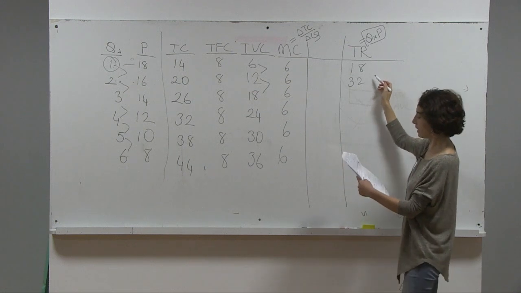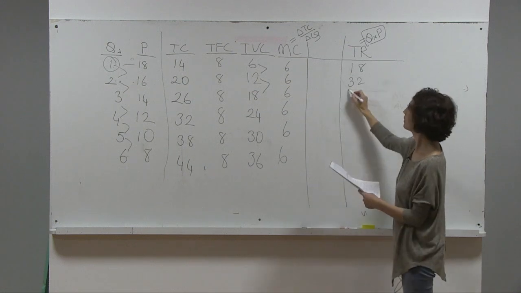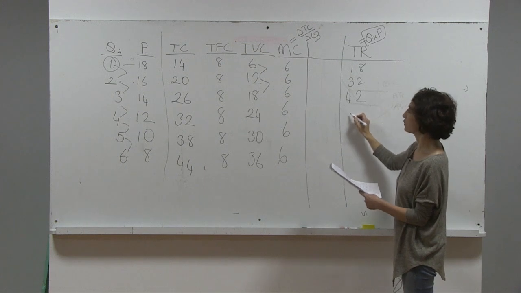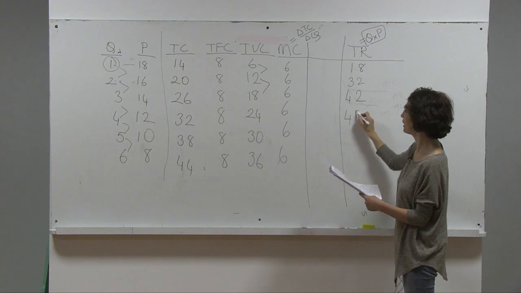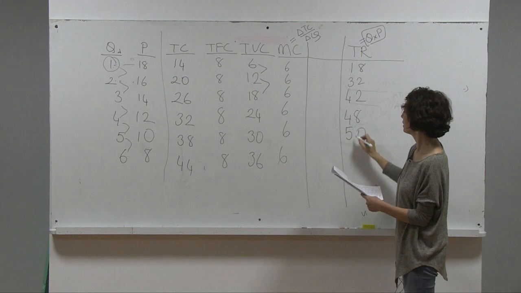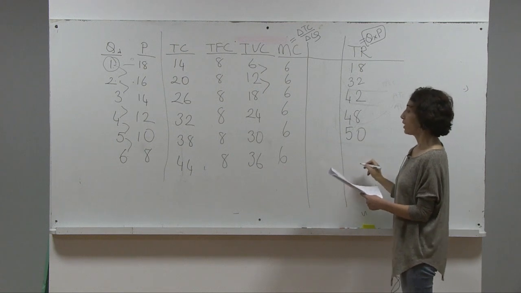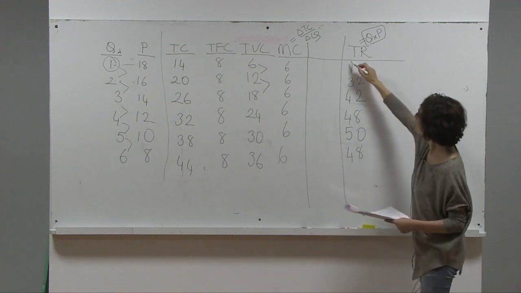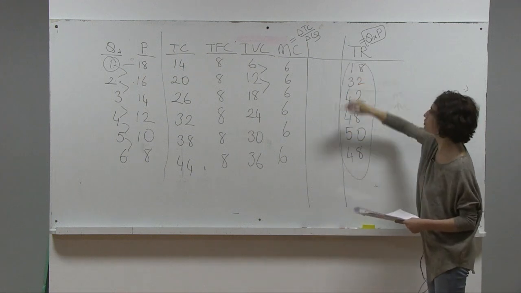So by multiplying them, 3 times 14 is 42. 4 times 12 is 48. 5 times 10 is 50. 6 times 8 is 48. Okay, these are total revenues.